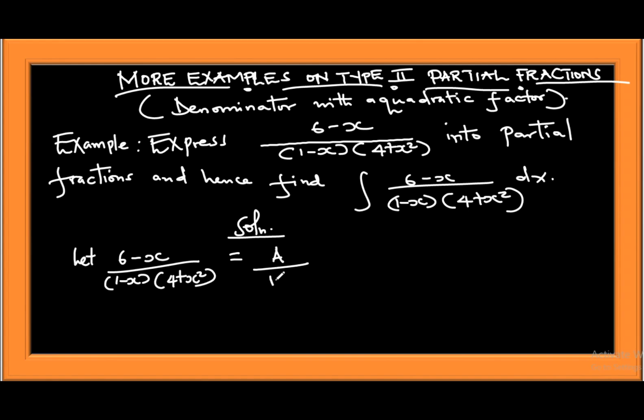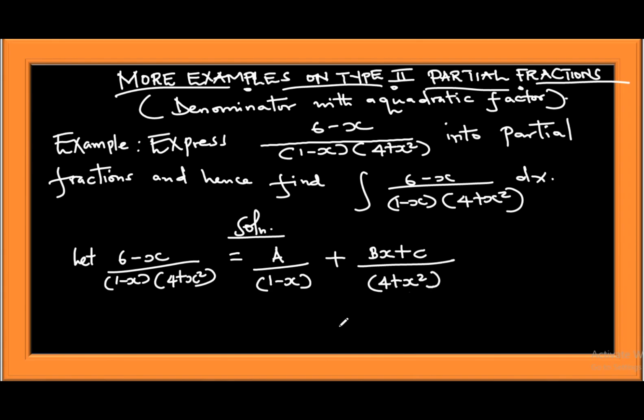by 1 minus x, because this is a linear factor first, and then for the quadratic factor we shall say (bx plus c) divided by our quadratic factor, which is 4 plus x squared.